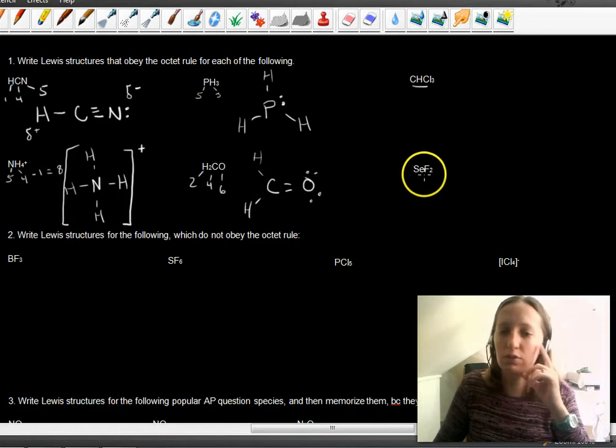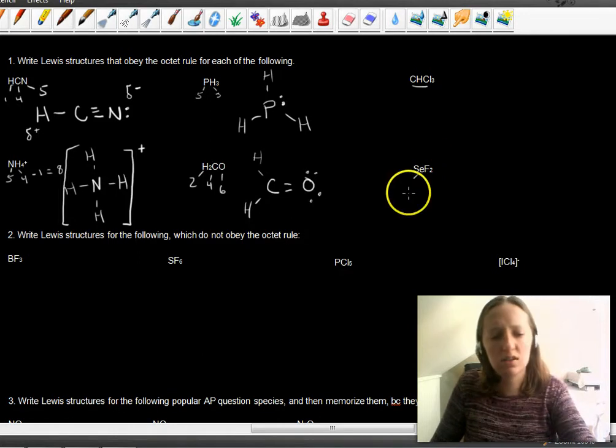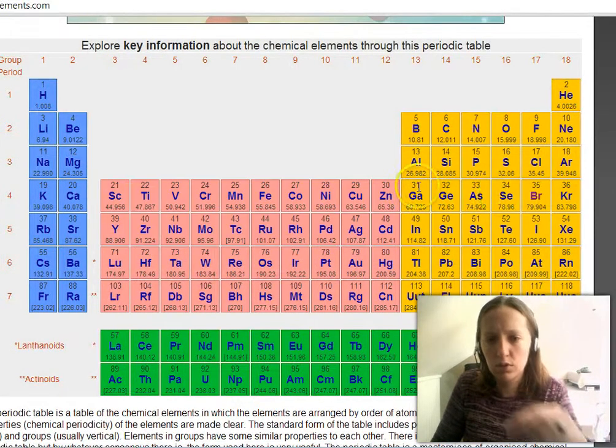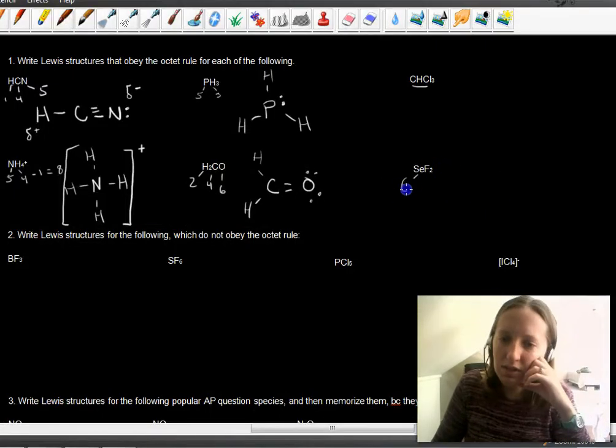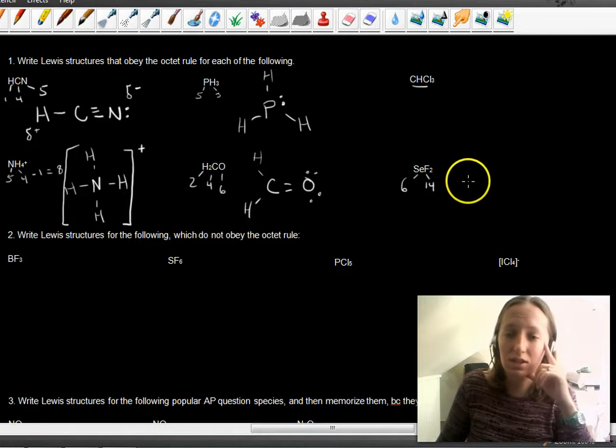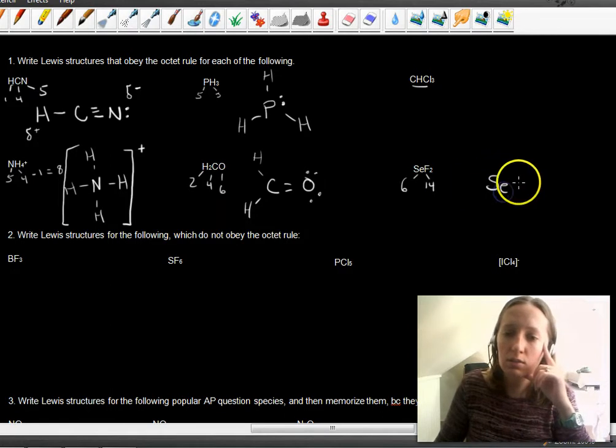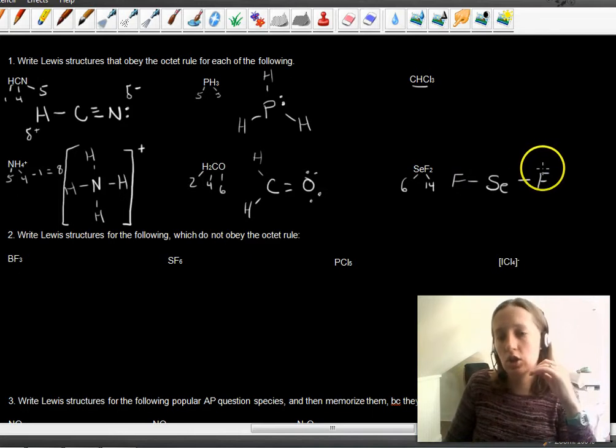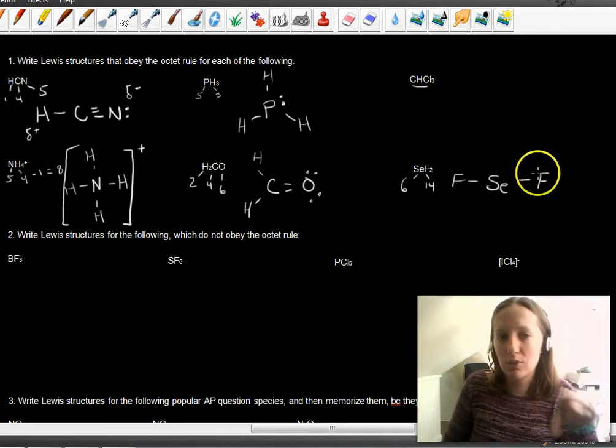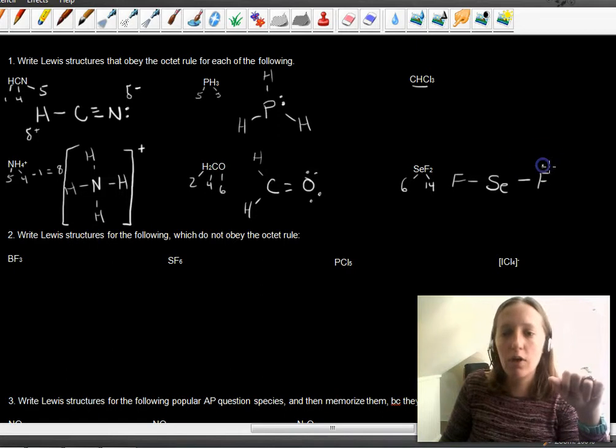And selenium difluoride. How many valence electrons does selenium have? Selenium has 6, fluorine has 7 each, so 14, so we need to account for 20 electrons in this. So selenium is in the center, fluorine is on the outside. The nice thing about the halogens in general is that if they're an exterior atom, they've always got their 6 dots.